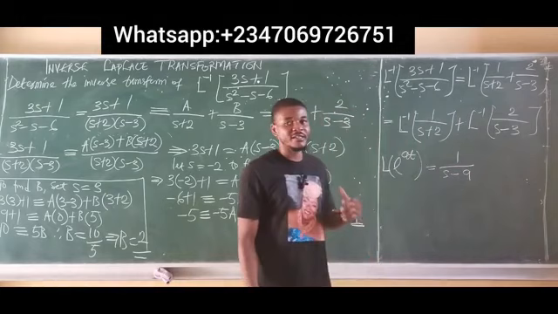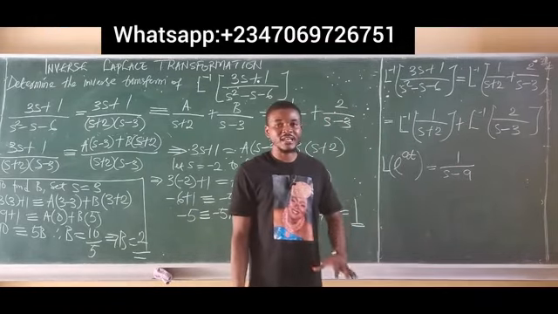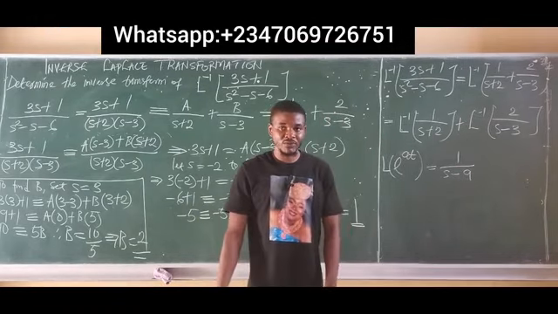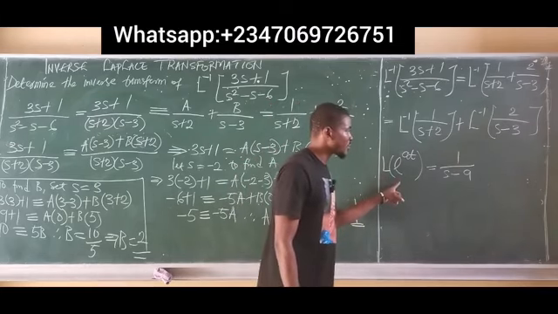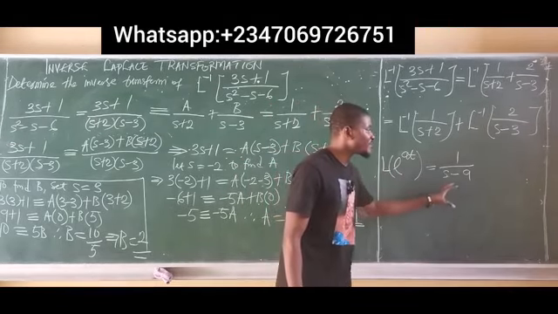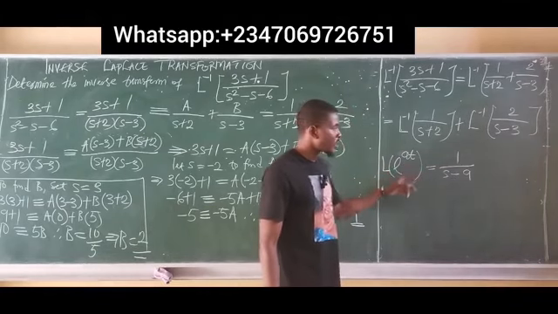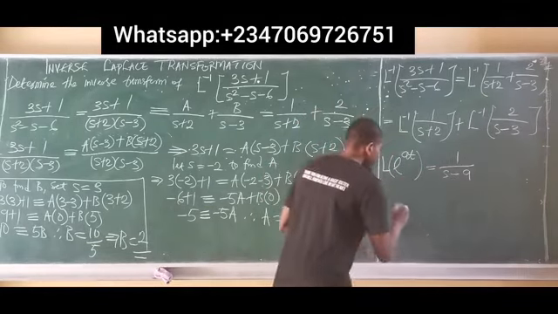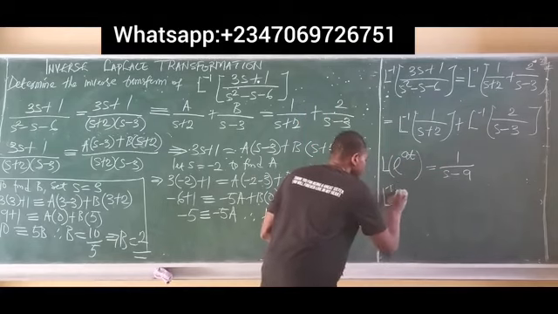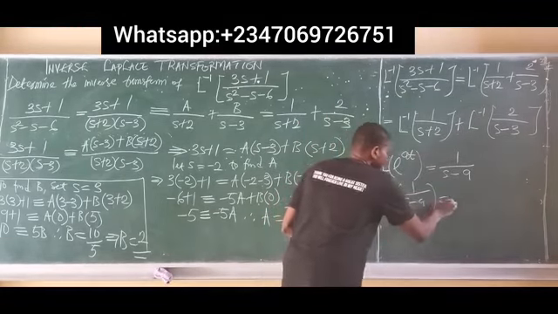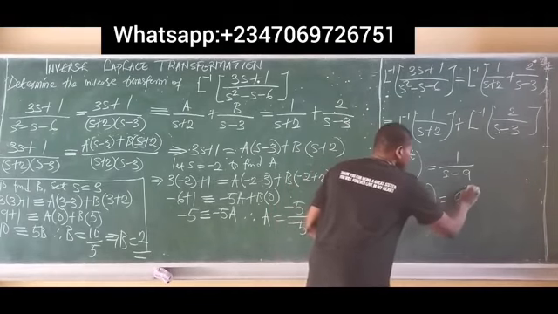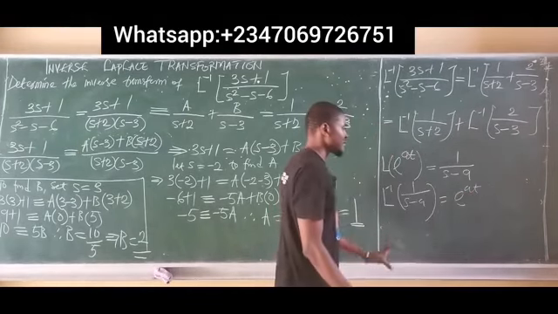We said this in the introduction videos we did concerning the table of standard values in Laplace transformation. So it is something you need to know. The Laplace transformation of an exponential function is given as 1 all over s minus the number attached to that function. So if you're asked to find the Laplace inverse of 1 all over s minus a, automatically this is what? Exponential at. It's as simple as this.